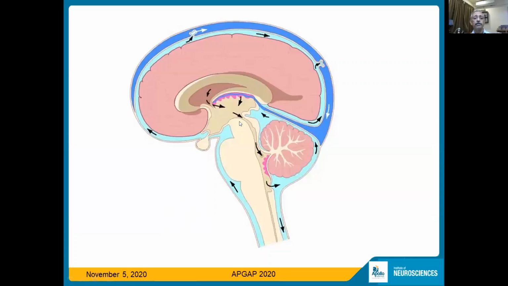And this is how circulation happens. From the choroid plexus in the lateral ventricle, to the third ventricle, fourth ventricle, then the foramina into the subarachnoid space, and you have the basal cisterns, and from there it moves along the subarachnoid space towards the superior sagittal sinus, where along the arachnoid granulations it gets absorbed into the venous system.